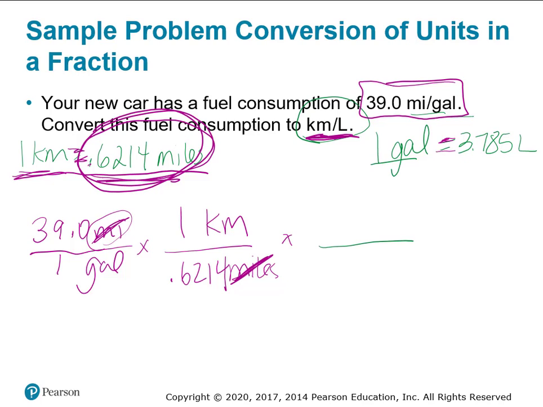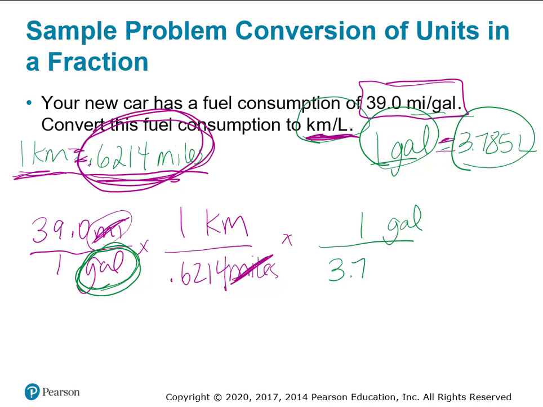To do that, I've got to get rid of gallons. That means if gallon is on the bottom, I need gallons on top in order to cancel out. So let's put my 1 gallon on top and my 3.785 liters on the bottom. Gallons and gallons will cancel, leaving the only unit on top as kilometers. The only unit on the bottom is liters.